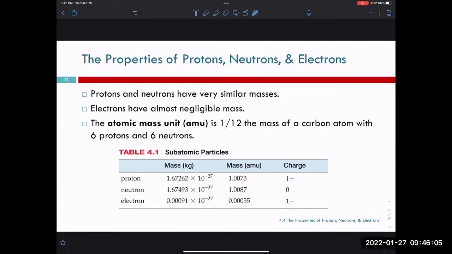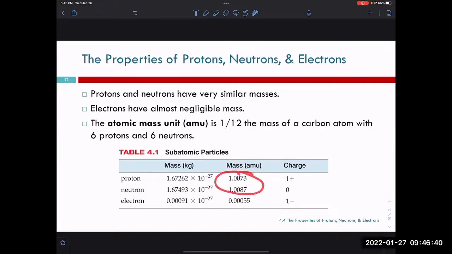To more easily talk about protons and neutrons and the masses of atoms and molecules, we devised a unit called the atomic mass unit, which is 1/12 the mass of a carbon atom with 6 protons and 6 neutrons. So a proton is right about 1 AMU, a neutron is 1 AMU, and electrons, which we don't talk about the mass of very often, are still at 0.0005 AMU.